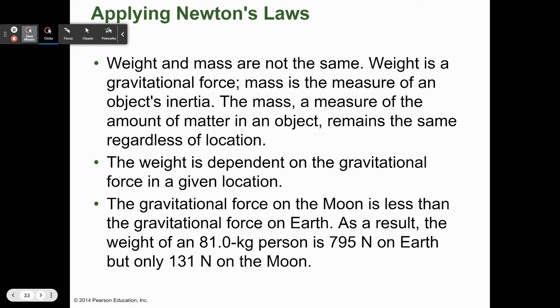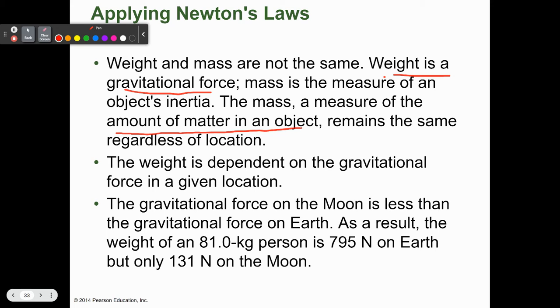All right, weight and mass, remember, are not the same thing. We've talked about this earlier, but just to reiterate, weight is the gravitational force. Mass is a measure of an object's inertia. It's a measure of the amount of matter that an object has, and it makes no difference what its location is. And that's the big difference between weight and mass. Weight is a force. It's the gravitational force on an object, whereas mass is just the amount of matter that object is made up of, no matter whether you're on the Earth or on the moon or on Jupiter.